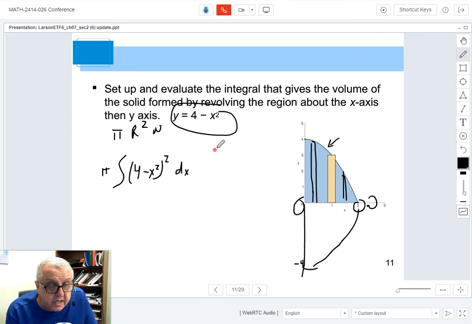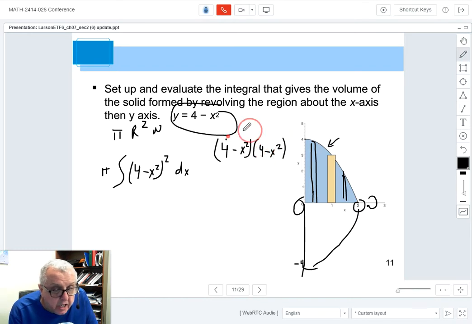So over on the side, I'm going to do 4 minus x squared times 4 minus x squared, and I'm going to distribute or FOIL it. 4 times 4 is 16. 4 times a negative x squared is a negative 4x squared. This is a negative 4x squared. That becomes negative 8x squared. And then negative x squared times negative x squared is a positive x to the fourth.